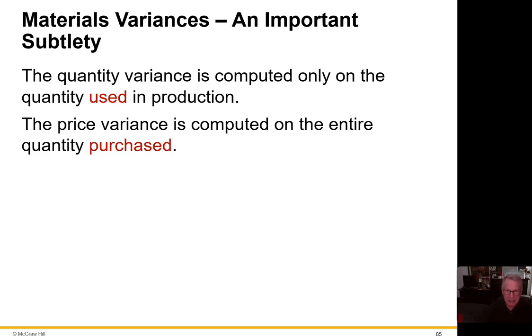Very important here. Quantity variance is computed only on the quantity that we used in production, where the price variance is computed on the entire quantity that we purchased.